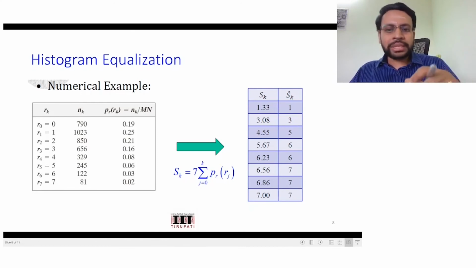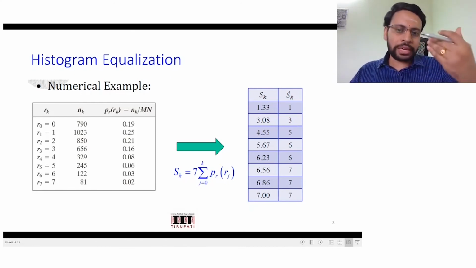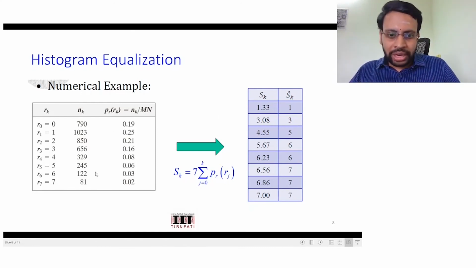I want you to pause your video here, take pen and paper, and please work this out. You have everything that is required to work it out yourself and see whether you are arriving at these values or not. If you keep r values also side by side in another column, that would be 0, 1, 2, 3, 4, 5, 6, 7.